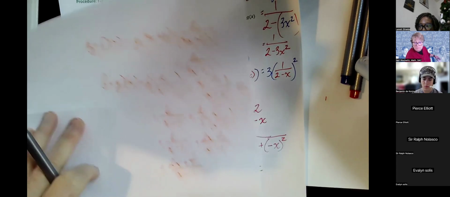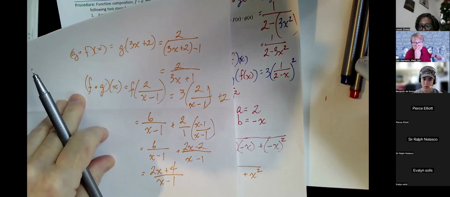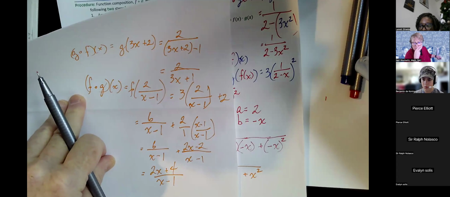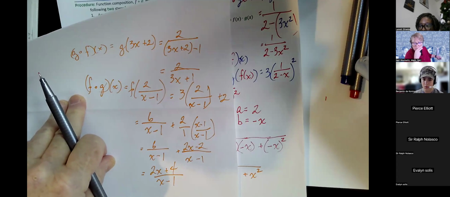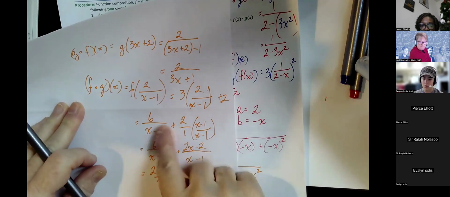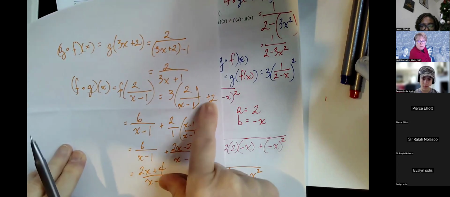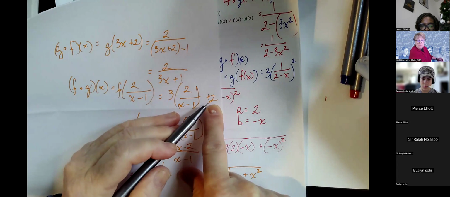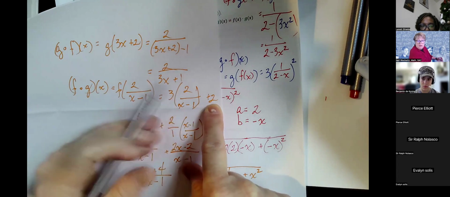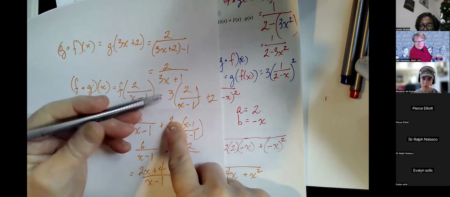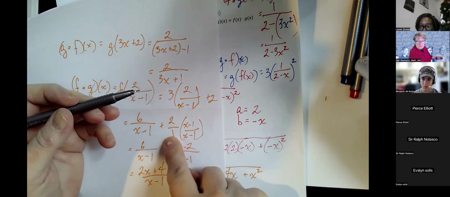So I was going to ask, I understand how you get 6 over x minus 1, but how do you get the plus 2 over 1 times x minus 1 over x minus 1? So we had plus 2, and 2 is the same as 2 over 1.